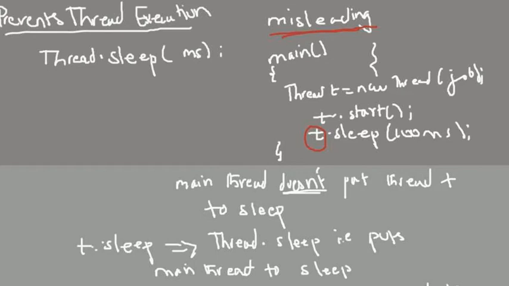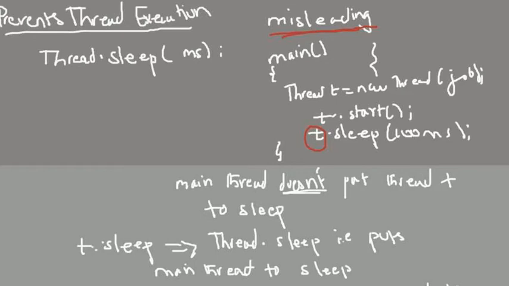Here is a static method Thread.sleep, which accepts a long number which represents milliseconds. What's misleading about this is when you say Thread t = new Thread(job) and you say t.start(), and then if you say t.sleep(), you might be thinking that you're putting t to sleep, but that's not true.